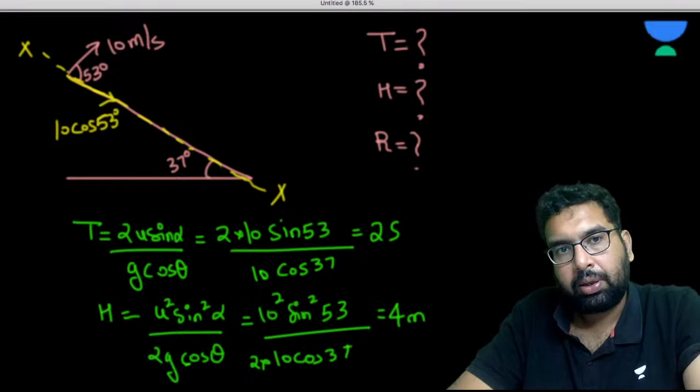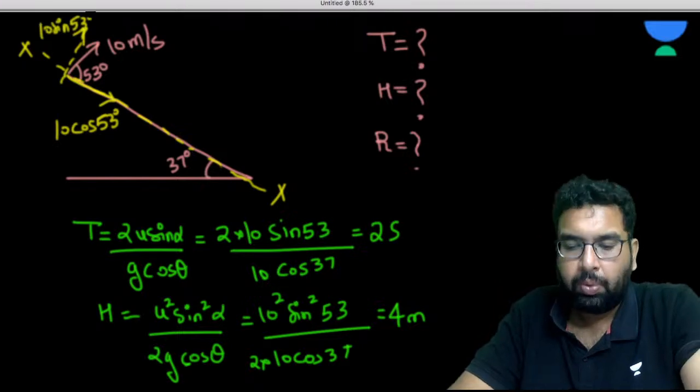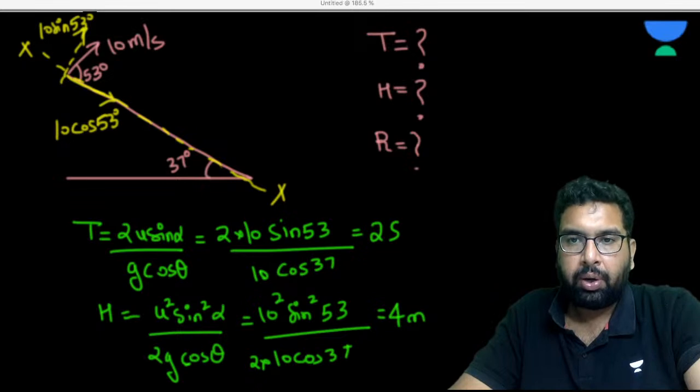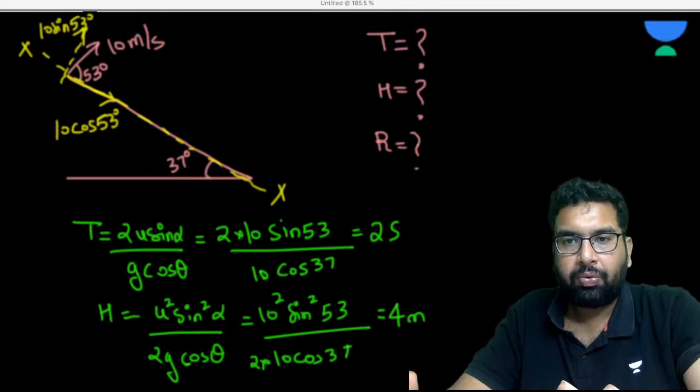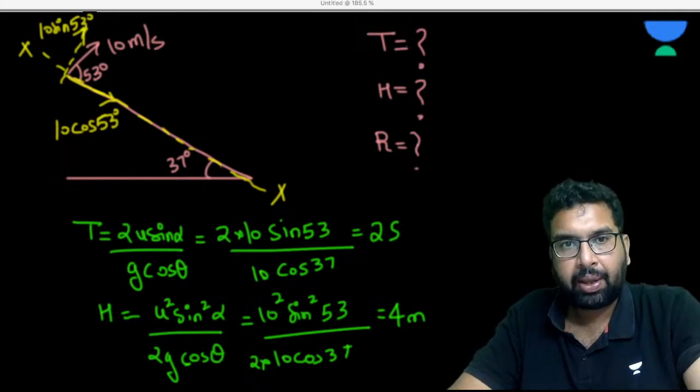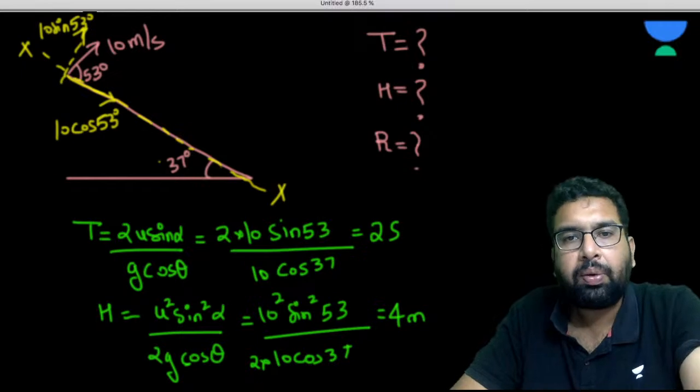And in y direction, the component will be 10 sine 53. We know that when a vector is resolved in any direction, it takes the angle of that direction. What is the problem? I hope it is fine to you now.